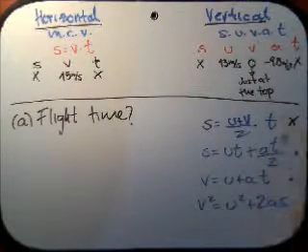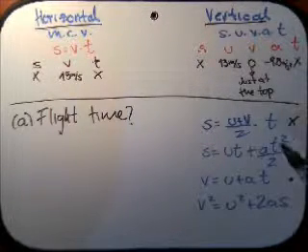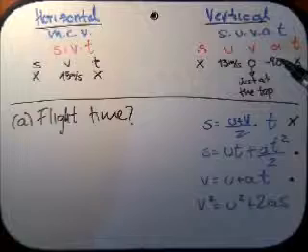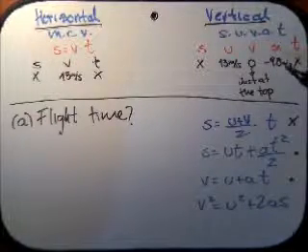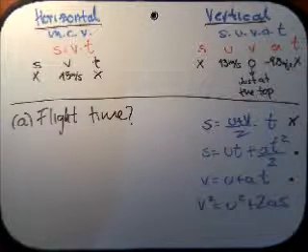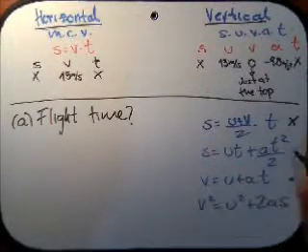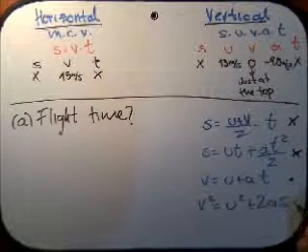Because it doesn't have the acceleration, and it's one of the things that I have. We don't have the displacement, right? So I cannot use any equation that has the displacement, so I'm not going to use this one, and I'm not going to use this one also.